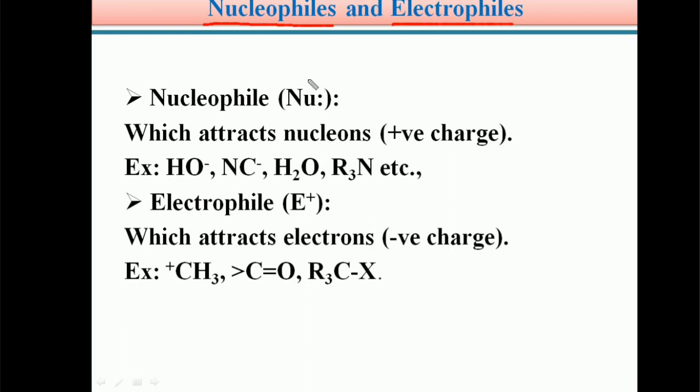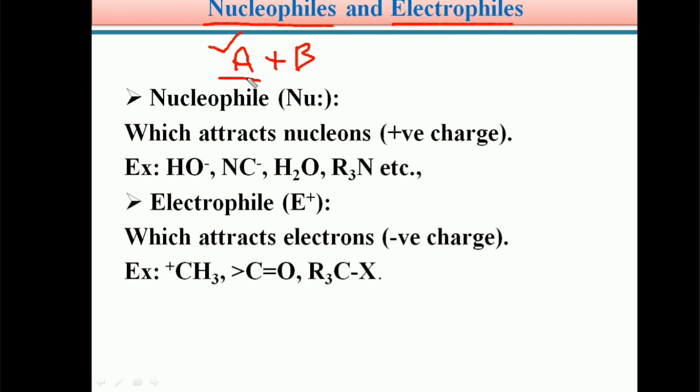For example, students, consider A and B as your starting materials or reactants. Out of A and B, A is taken as a substrate and B is assumed as a reagent. Suppose the substrate A has an electron deficient nature, so it has less than an octet configuration, or the substrate A is positively charged.